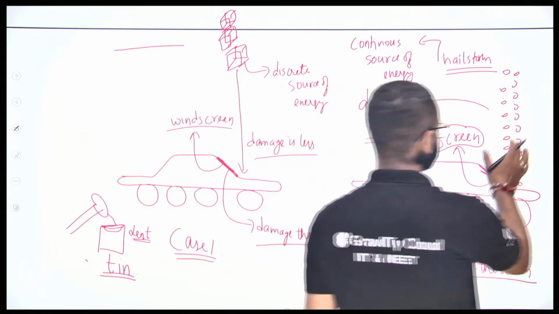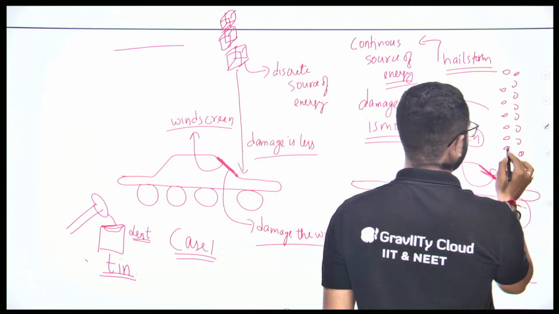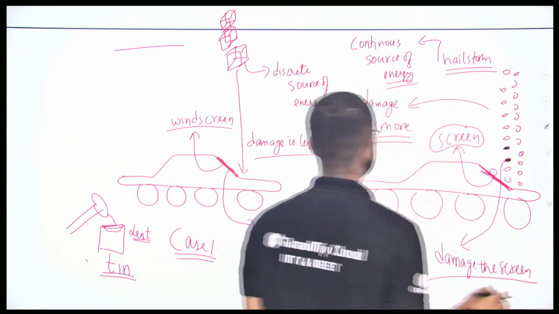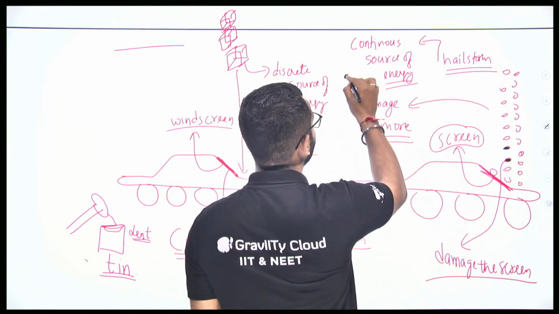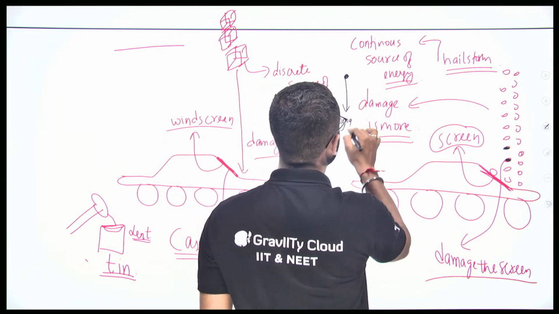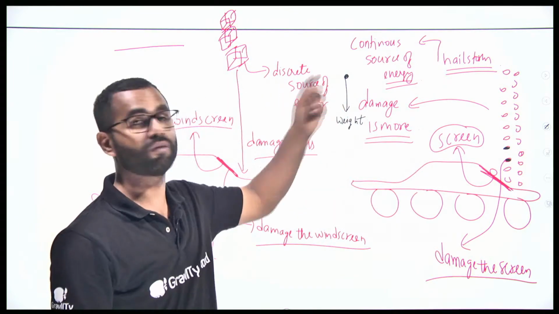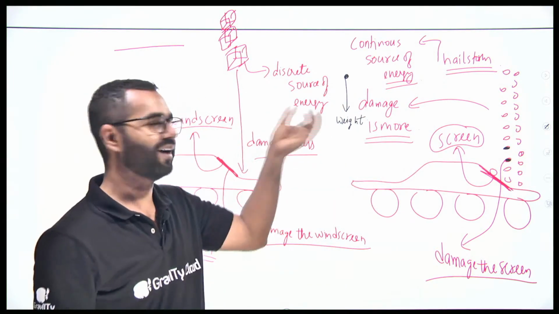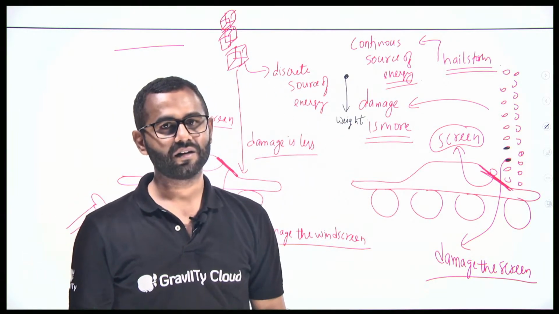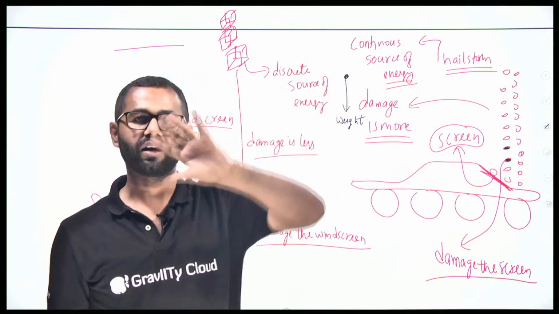So you see here, in the case of hailstorms, every hailstone has mass, right? This is my hailstone. It is coming down with some weight. It will have some mass. When it comes down, it will hit, so that means it has some energy.